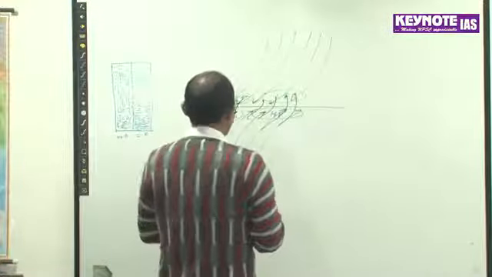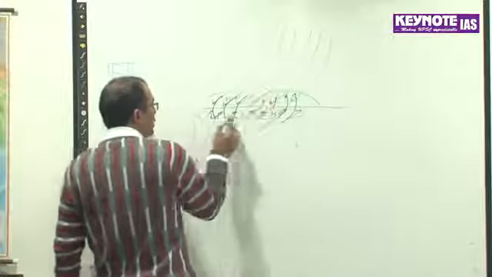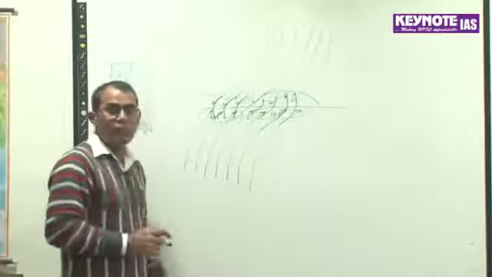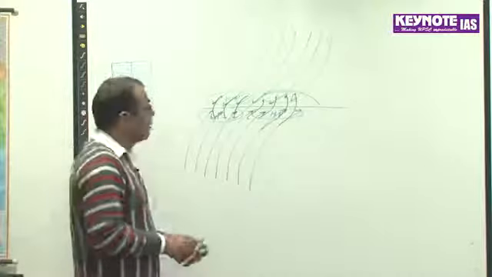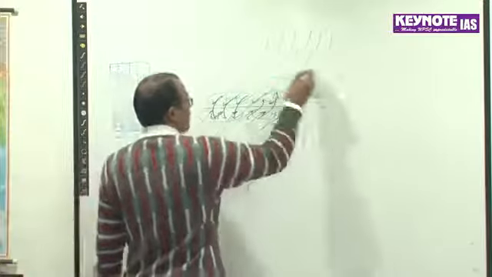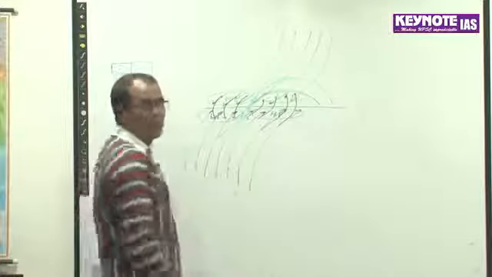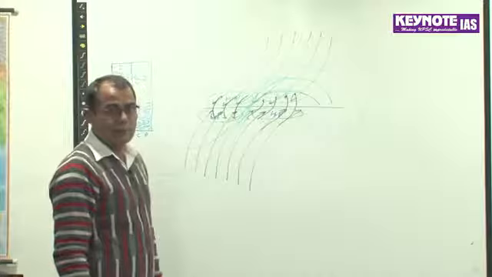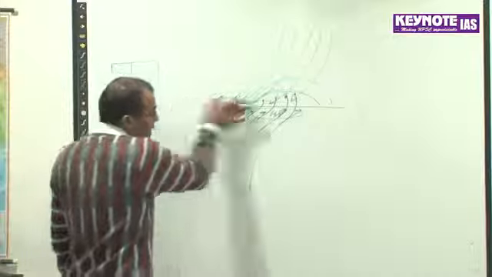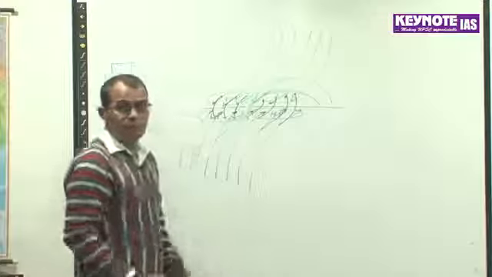So earlier it was a straight line, now look here, if I try to draw a line, this will be the line which separates the warm air and cold air, right? Next line will be like this, third line will be like this, fourth line will be like this after a point of time. This is what we call Rossby wave. So initially the jet stream which was almost west to east now will start meandering like this. Right?